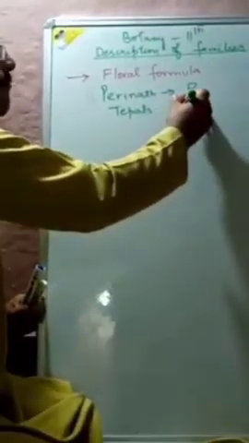Again here the same 5, that means tepals are 5, they are free. If tepals are fused, then within the brackets.